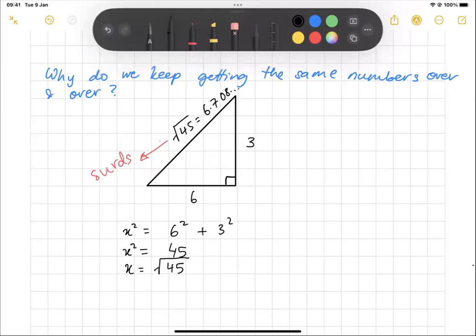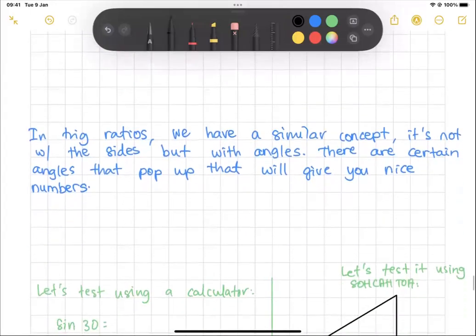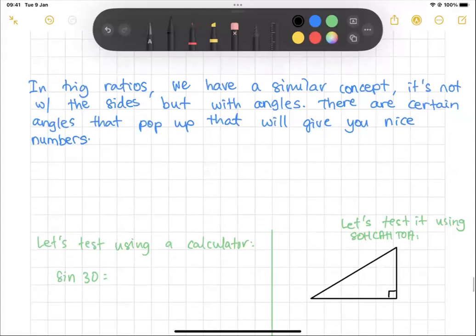Now, this concept here is the same concept that we're going to use for trig ratios. But rather than it being the sides, for trig ratios we are going to look at it with angles. So there'll be really nice angles that we use that will get us a really nice value.